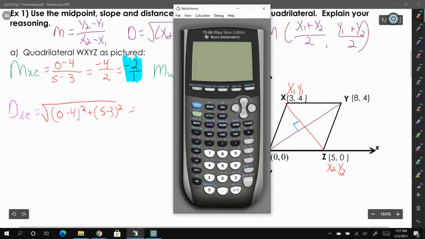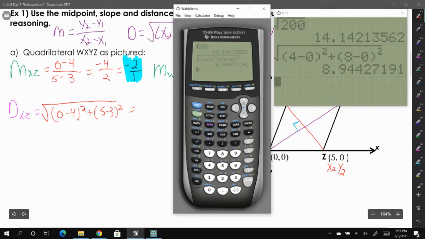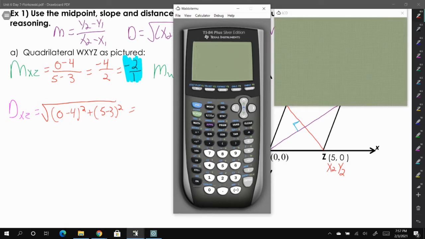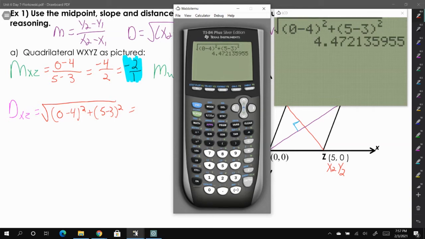So I'm going to type that into my calculator. We get 0 minus 4 squared plus 5 minus 3 squared, and that gives us 4.47.